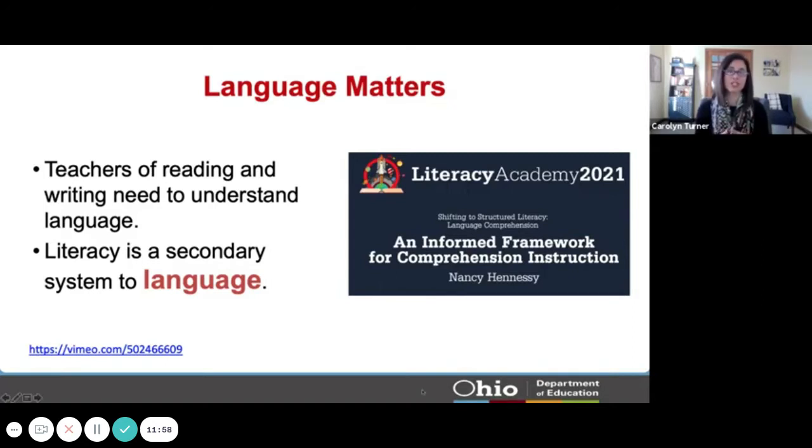And so when we are teaching reading and when we are teaching writing, we need to understand language. Think about those layers of language: the phonology, the orthography, the morphology, how etymology comes into play, how semantics comes into play, how pragmatics and discourse, all of that creates this strong rope of reading comprehension, because literacy really is a system of language, and we have to start first and foremost with that.